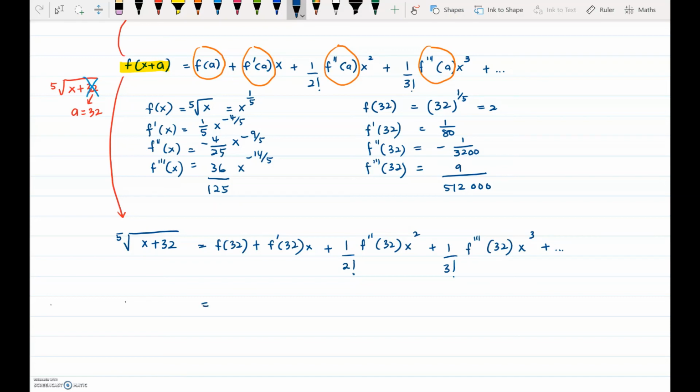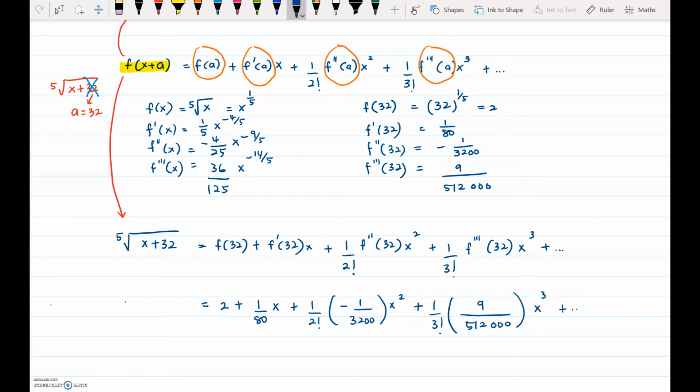So we have here f(32) is 2 plus 1 over 80 x plus 1 over 2 factorial times negative 1 over 3200 x square plus 1 over 3 factorial, so this one 9 over 512000 x power 3 plus dot dot dot.